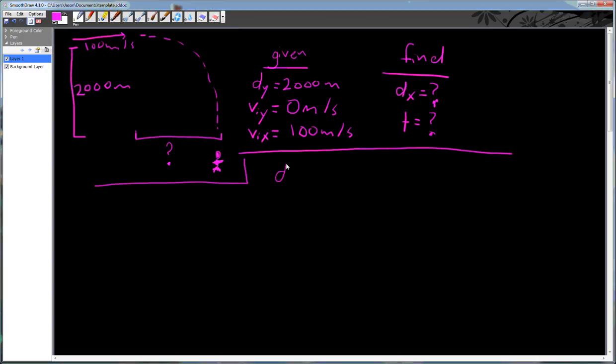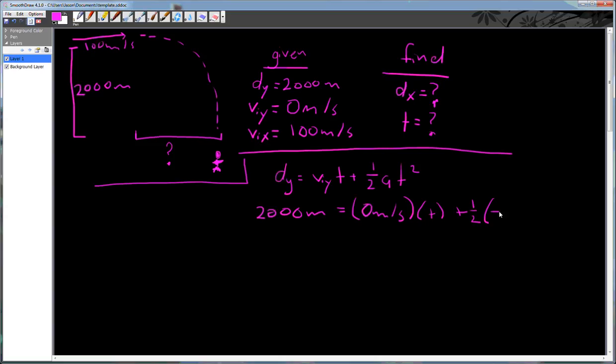So I'm going to write my formula. dy equals VIY times t plus 1/2 a or g t squared. Plugging in our values, 2,000 meters equals VIY is 0 meters per second, times t plus 1/2 negative 9.8 meters per second squared times t squared.